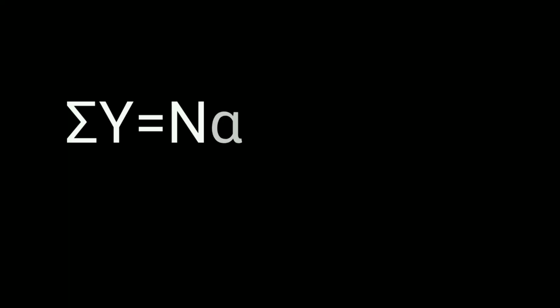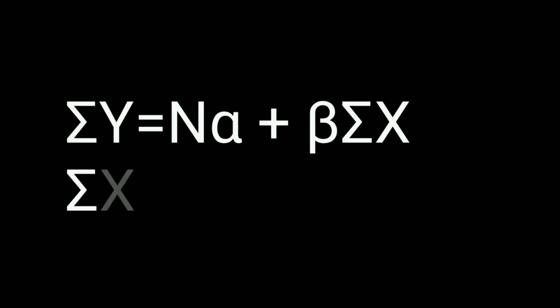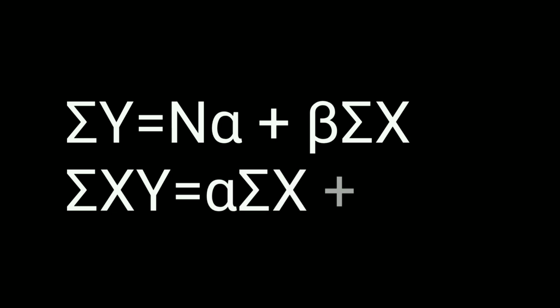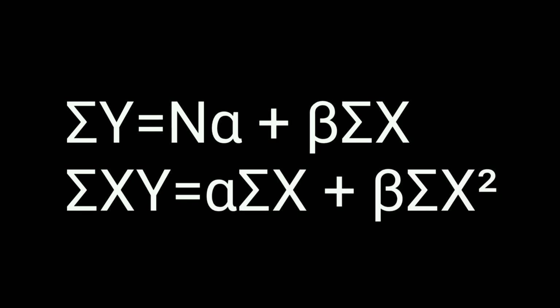Now it is time to recall the normal equations, which I already said we have to remember. What are the normal equations? Sigma y is equal to n alpha plus beta sigma x. And the second equation is sigma xy is equal to alpha sigma x plus beta sigma x square. Another important thing is that after getting all this, we have to total the columns.